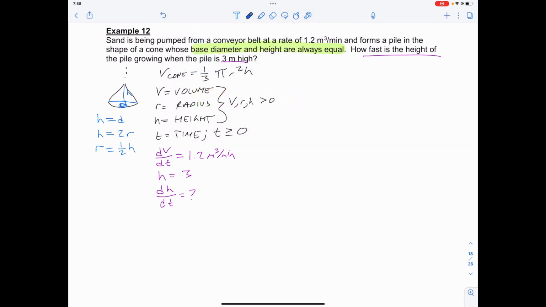So if my volume is equal to 1/3 pi r squared h, my r value is 1/2 h. I'm going to sub that in to eliminate r. My volume, just like in the last case, is going to be pi over 12 h cubed.